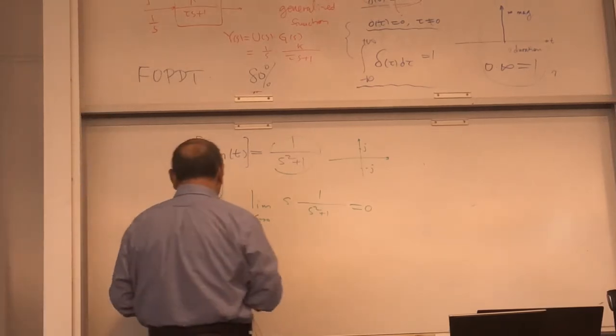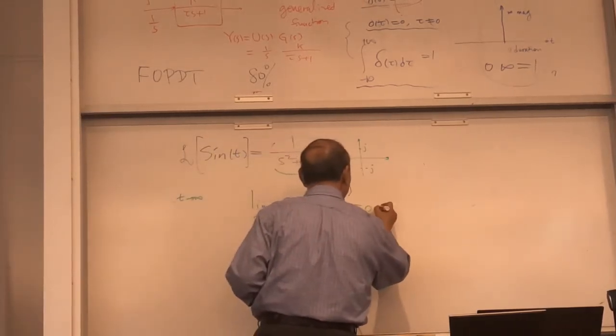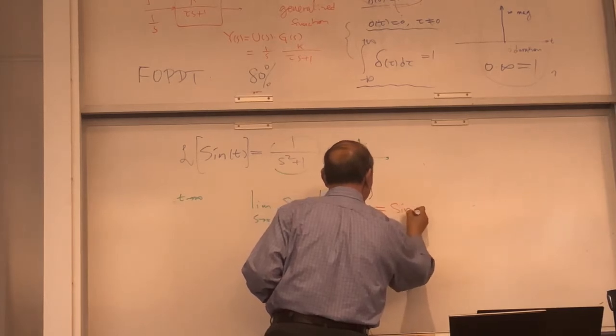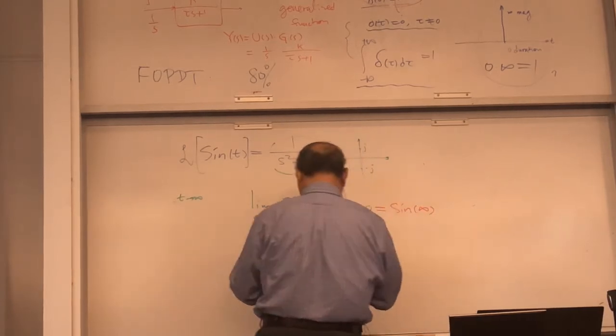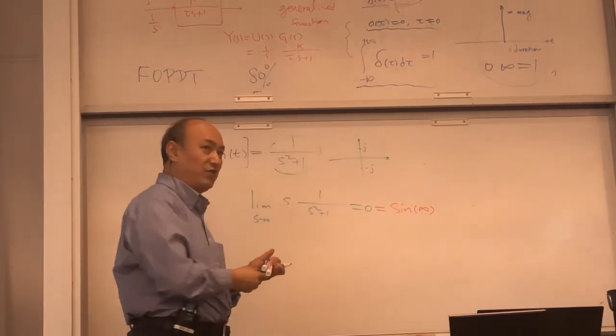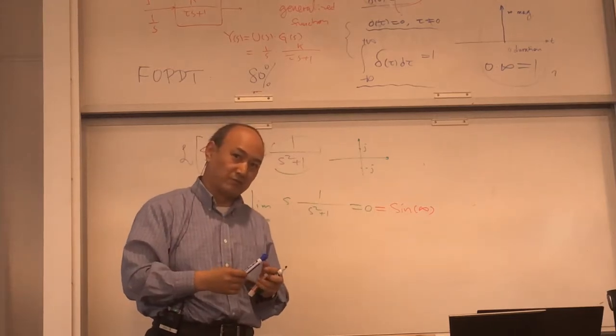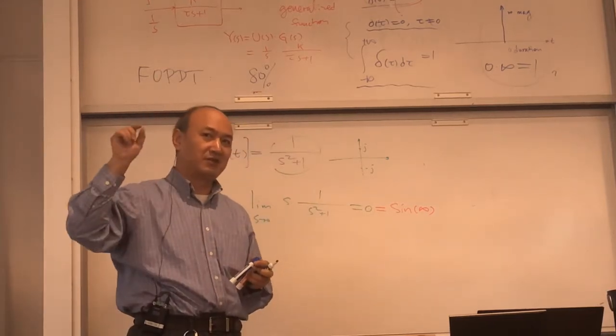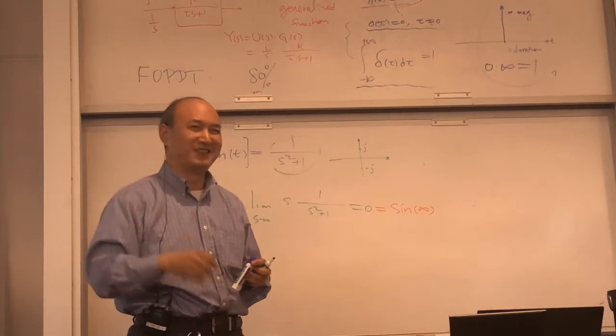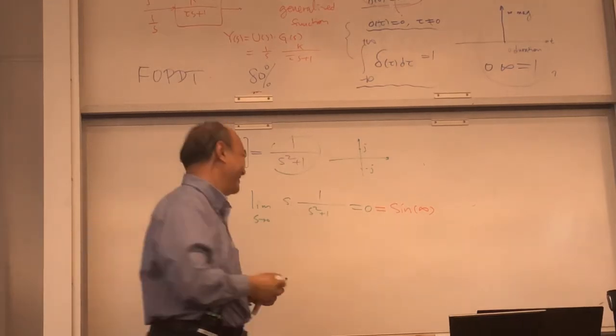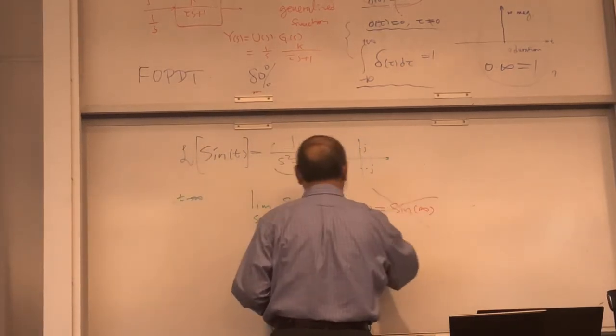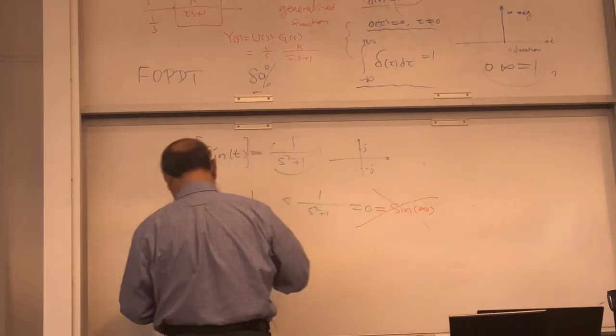However, are you saying that this equals sine of infinity? Obviously, it's wrong, because when you go to infinity, you don't have an exact number. So this is not right.